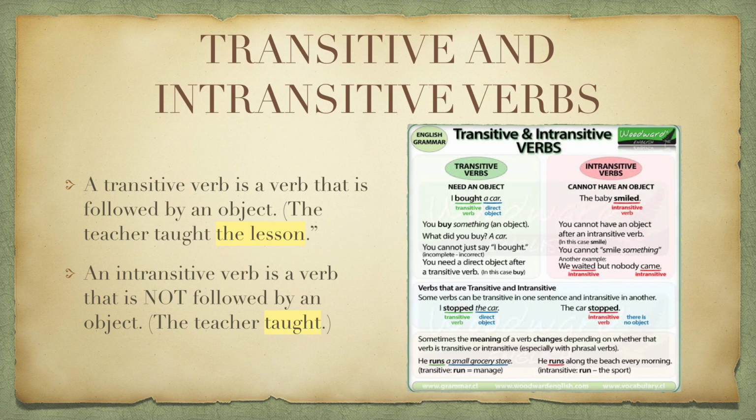For object, you can ask yourself the question, who or what is the verb being done to? So who or what is being taught? For the first sentence, the lesson is being taught. Therefore, the lesson is your object. In the second sentence, there is nothing being done to something. Therefore, there is no object.